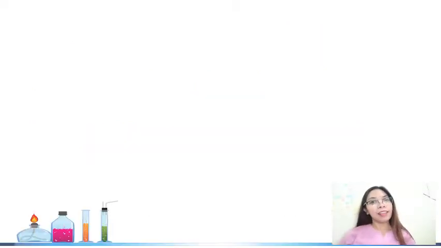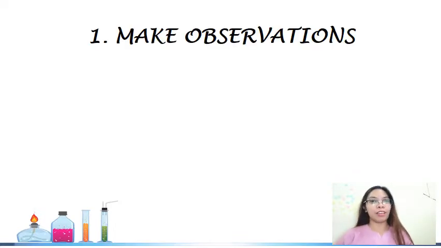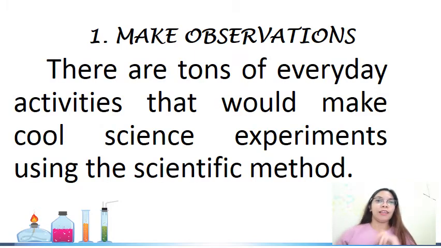Okay, so now let us discuss the basic steps of scientific investigation or scientific method. The first step is to make observations. Ano yung observation? Well, you have to observe your environment, your daily activities, and there are tons of everyday activities that would make a cool experiment for your scientific method.